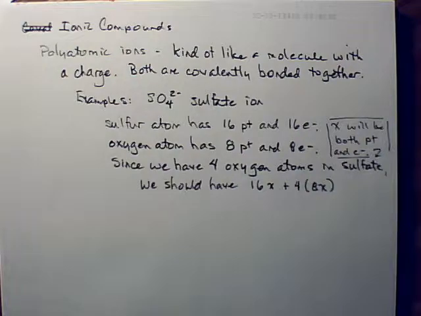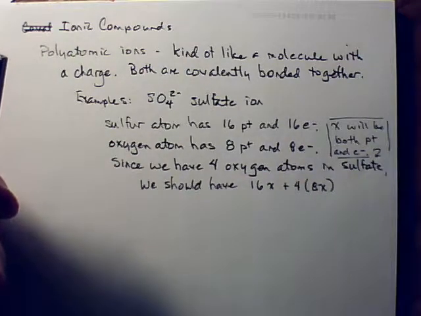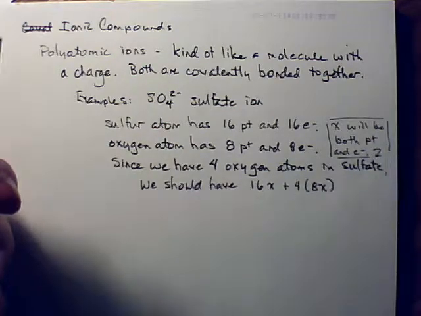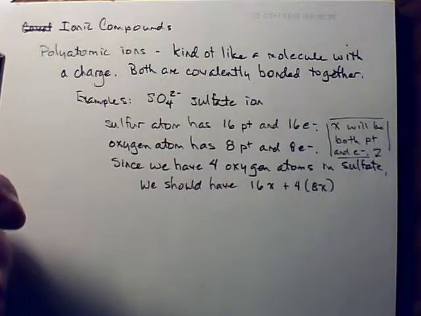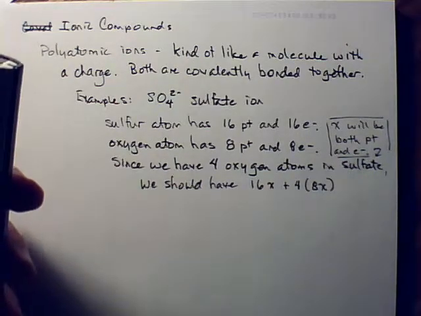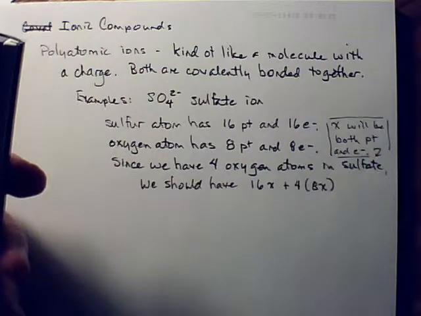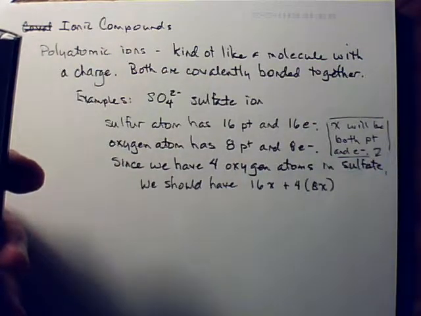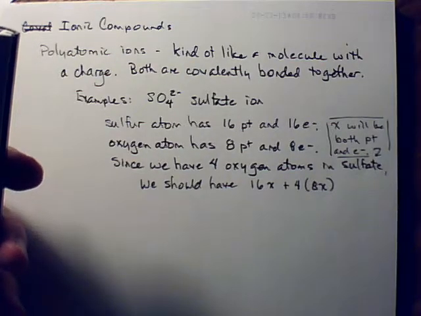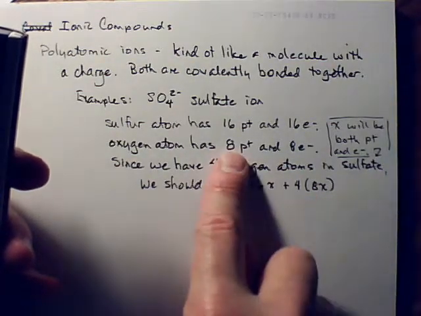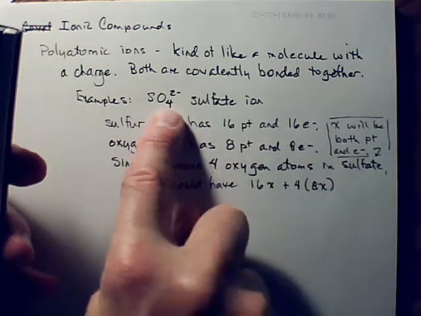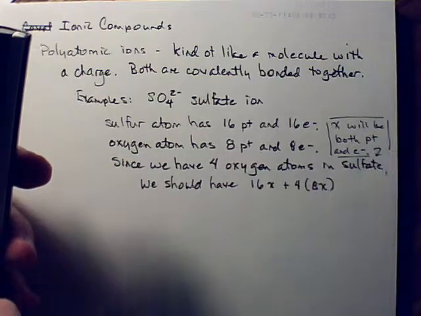Get your calculator out and practice. There are 8 protons and electrons in each oxygen, and there are four of them in sulfate.